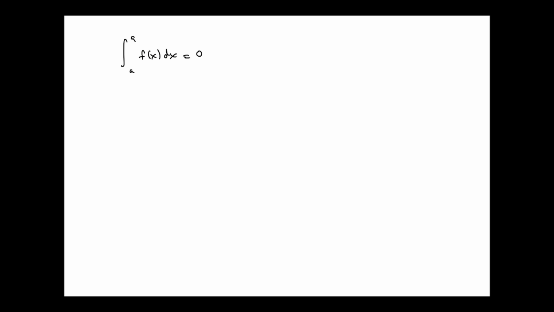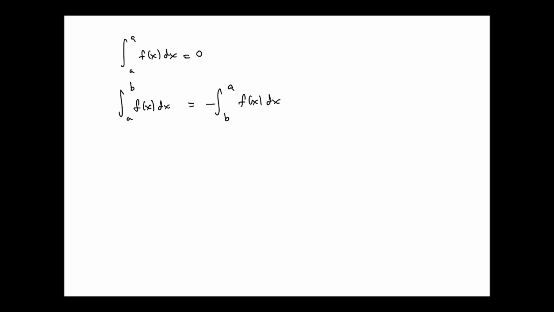Does that make sense? All right. What about the second one? Why is this equal to this? This one's maybe a little hard to see geometrically. But if you flip the bounds around, essentially you're moving from the right to the left instead of the left to the right, going backwards.